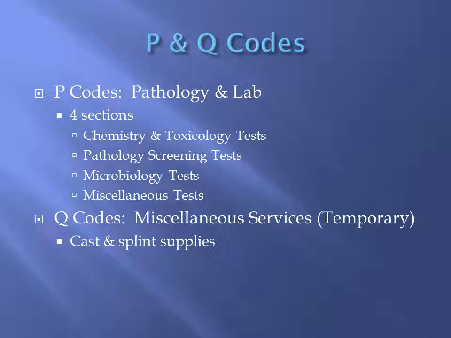P codes are for pathology and lab, and there are 4 sections: chemistry and toxicology tests, pathology screening tests, microbiology tests, and miscellaneous tests. Your Q codes are for miscellaneous services, temporary, such as cast and splint supplies.